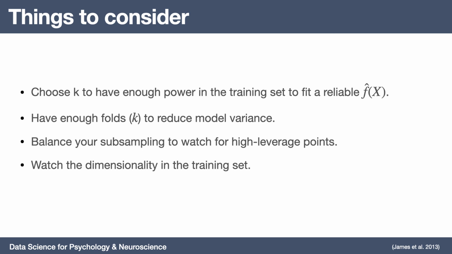So this links back to the first point on this slide. You want to have some principled reason for specifying the dimensionality of the training set you use in every fold. That will help to balance this out. So you want to have dimensionality concerns and power concerns in mind when you determine what k is. But otherwise, you can see that this is a beautiful way of testing generalizability in the data set that you have.